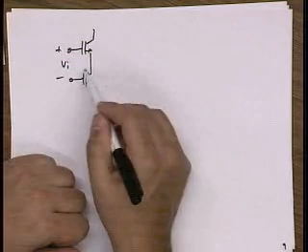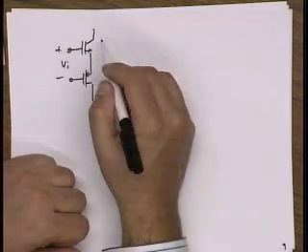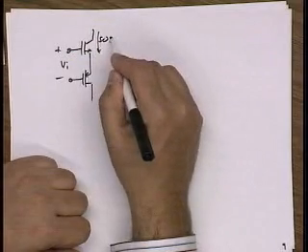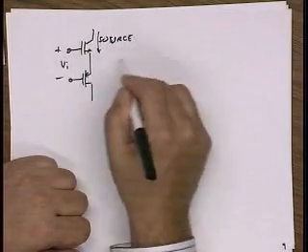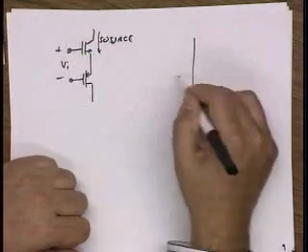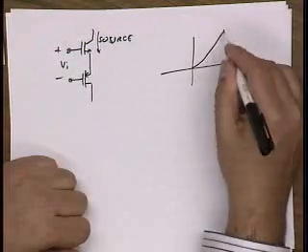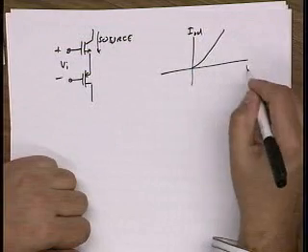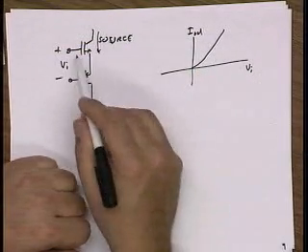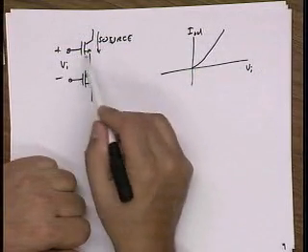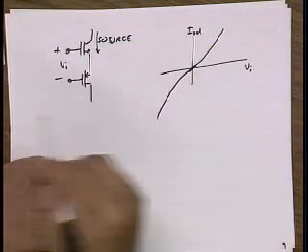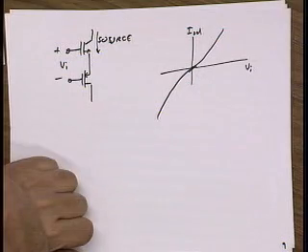This device shuts off, and so all the current is coming from here. So on the positive side, this GM stage just keeps giving us more and more current. So this is IOD over V in. Likewise, on the negative side, eventually this device shuts off, and then this one just remains on, and this guy just keeps giving us current. Okay.